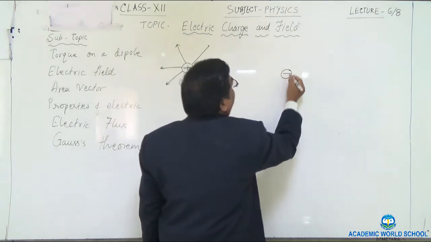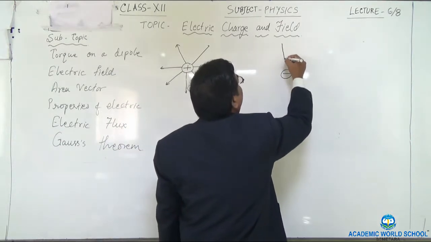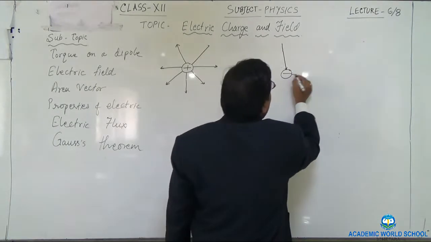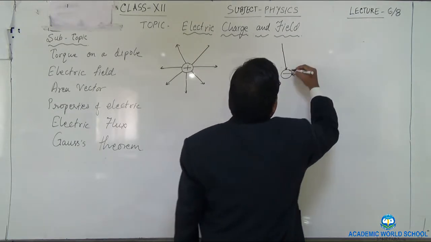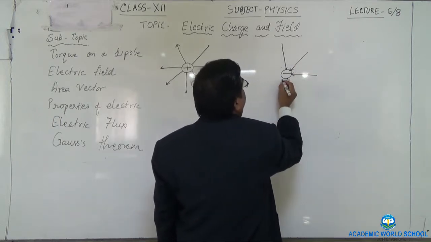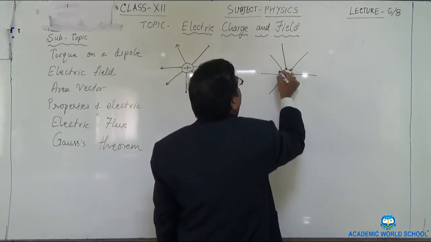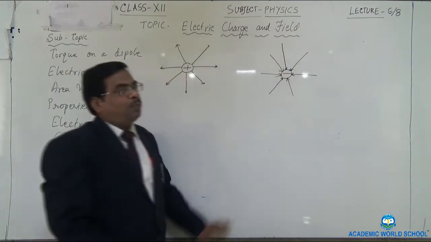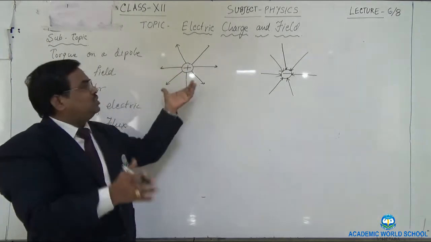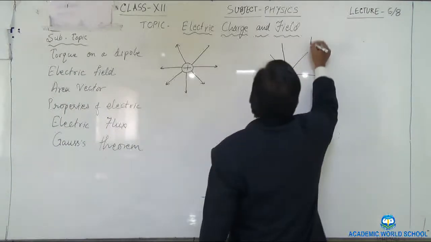The electric field lines will come towards and terminate on the charge. It will happen again perpendicularly. They are all terminating on the negative charge perpendicularly. Okay. So a positive charge will have this diverging type of electric field line.